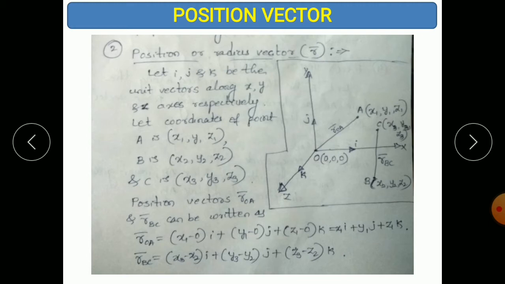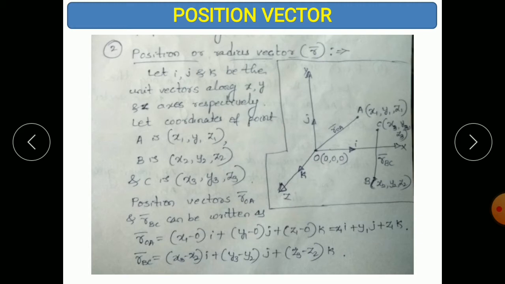Here, let i, j, and k be unit vectors along the x, y, and z axis respectively. What is the meaning of unit vectors? We have seen in the previous slide.